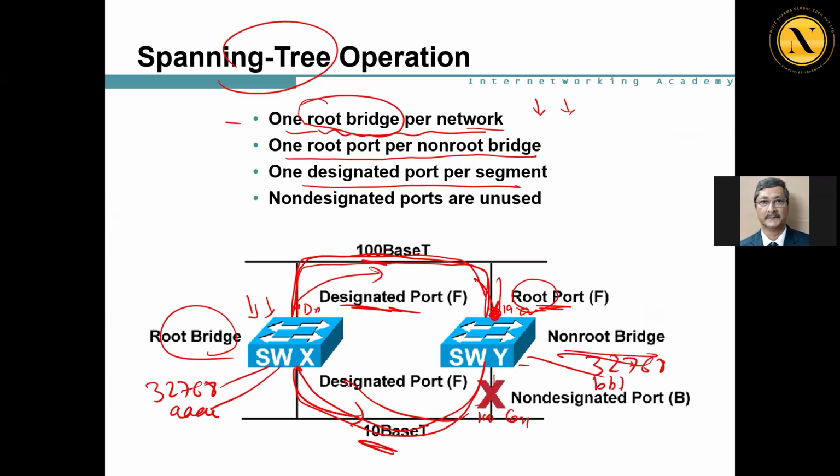What's my MAC address? Who's lower? You are lower, so you become the DP in forwarding mode, and I will block this port. Nowadays it will be known as the alternate port, and instead of blocking mode they call it discarding mode. Instead of non-designated port, in RSTP they call it alternate port. And all other ports are blocked.